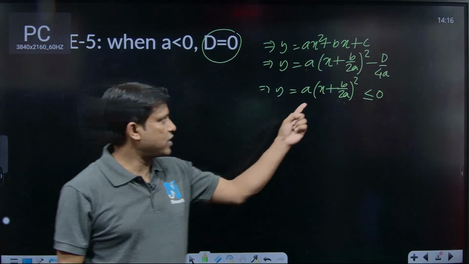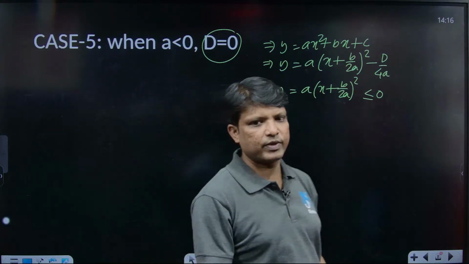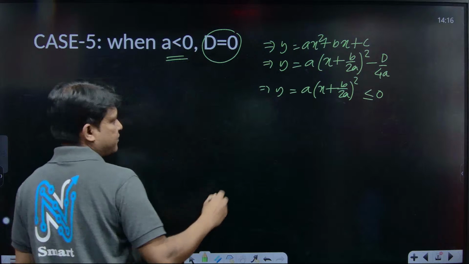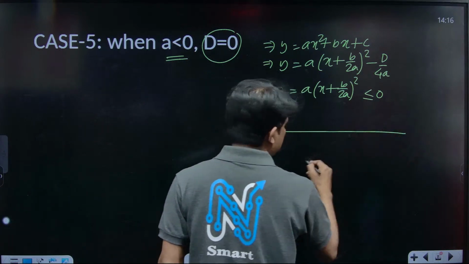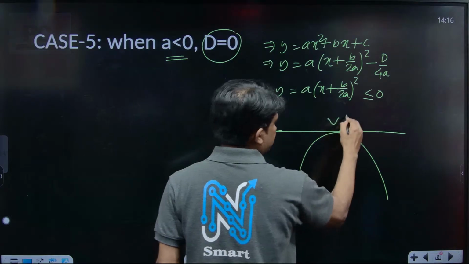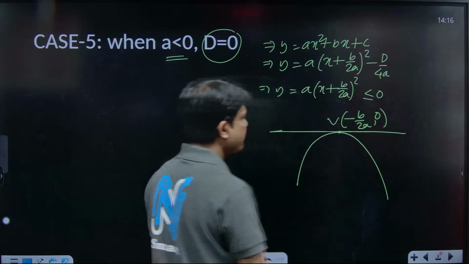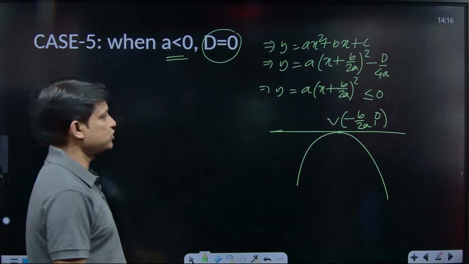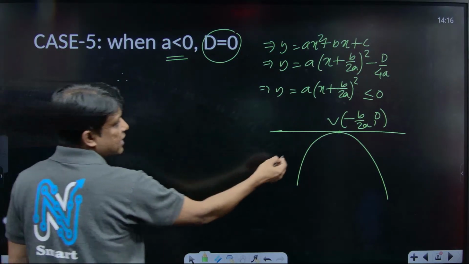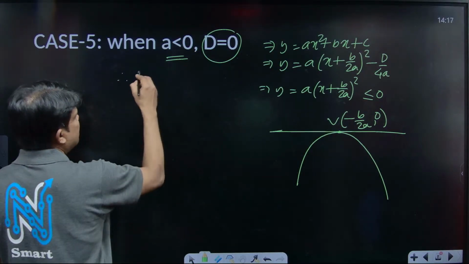Exactly at one point, when x equals minus b by 2a, y is 0, and everywhere else y is negative because a is a negative quantity. Yes, understood? So this is a downward parabola that touches the x axis at the vertex minus b by 2a comma 0. Both roots are equal and real, and the maximum value is 0 because the ordinate of this vertex is the maximum value.